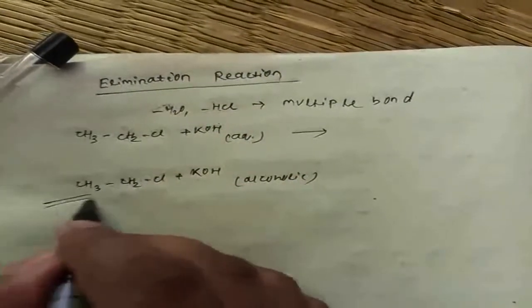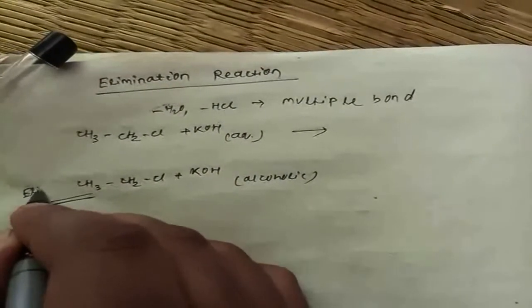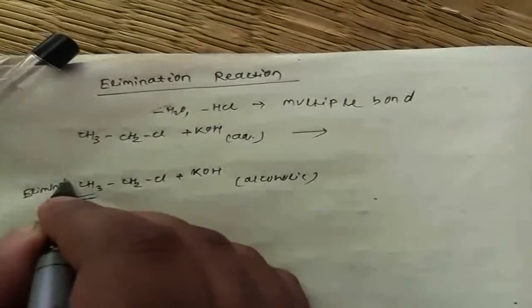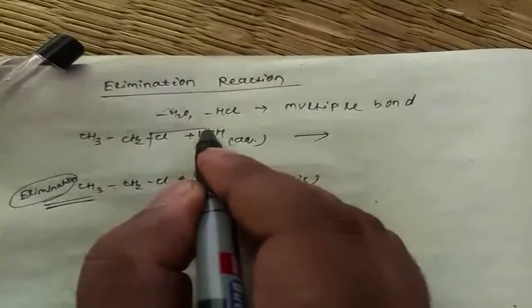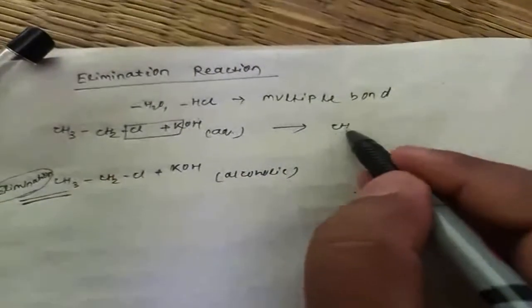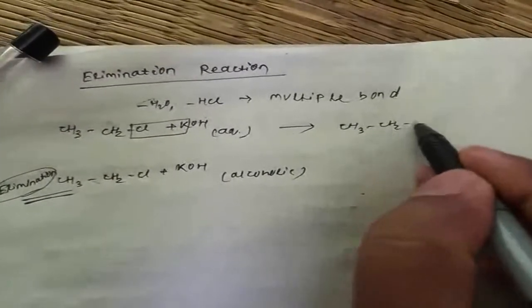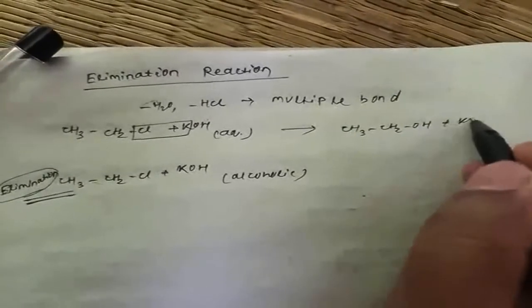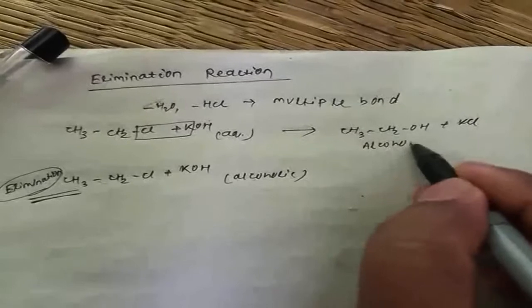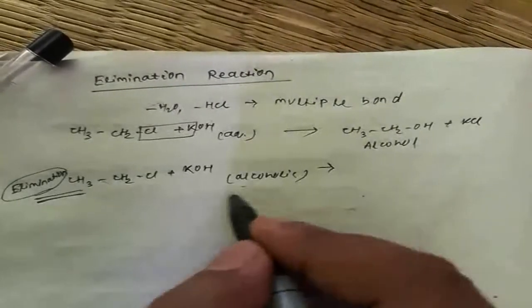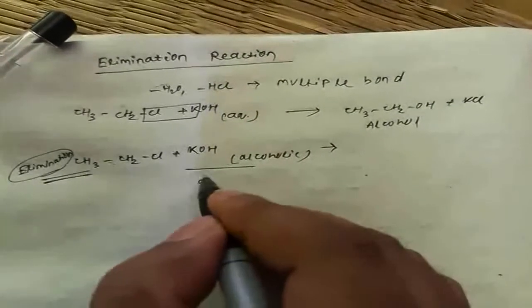In the case of aqueous KOH, a substitution reaction takes place; simple KCl is removed, so the product is CH3CH2OH plus KCl, that is the alcohol product. But in alcoholic KOH there is the dehydrohalogenation process.